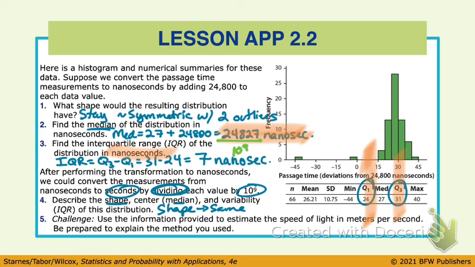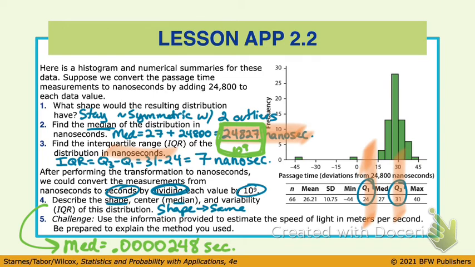Division does affect everything other than shape. So I will actually divide those numbers, and I would get a new median of 24,827 divided by 10 to the 9th, which is 0.0000248 seconds. That's how fast this is going.